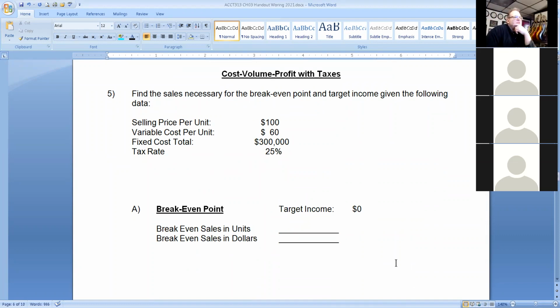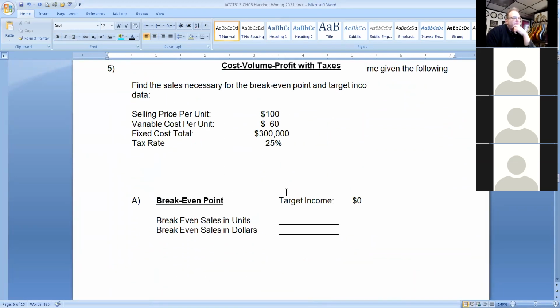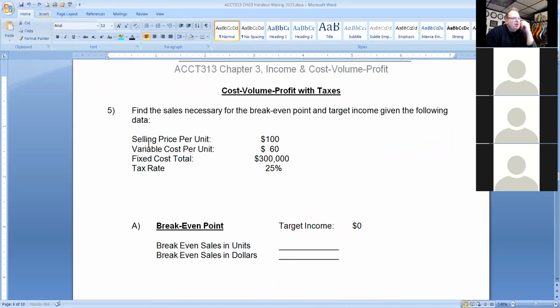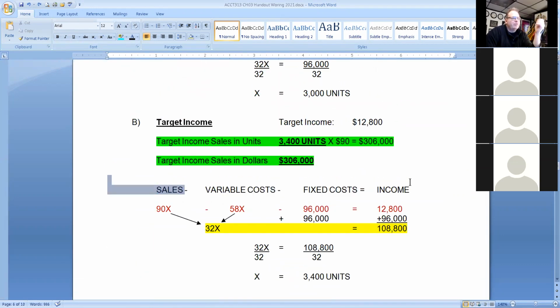So what we're going to talk about next is cost volume profit with taxes. Now, we have a tax rate here. Generally speaking, you want to know what the income is after taxes. So after tax income is really what you're looking for. And the problem is that there's nothing in our equation here for taxes.